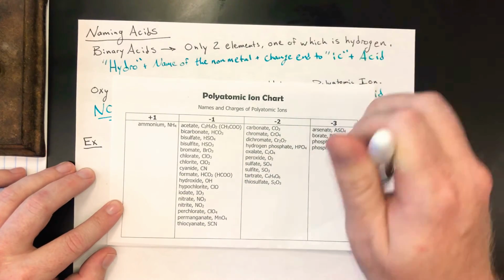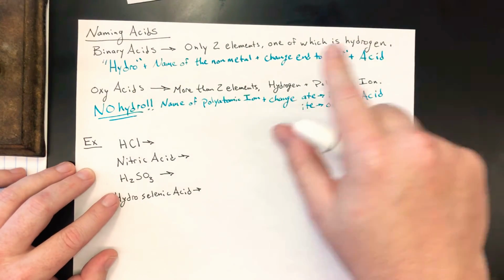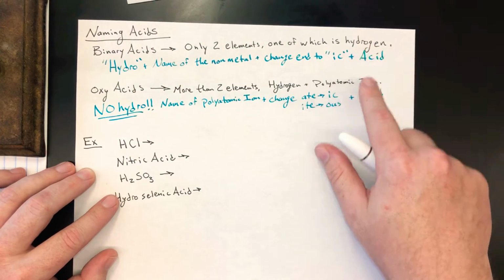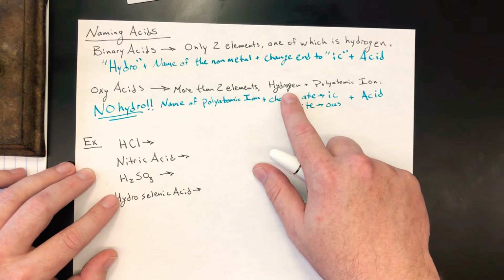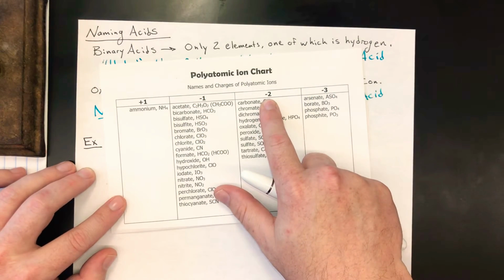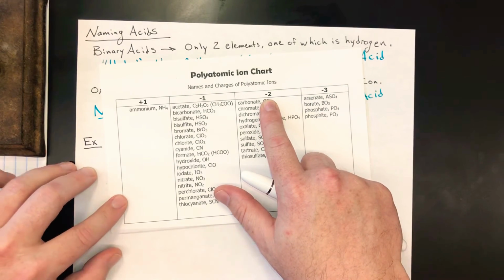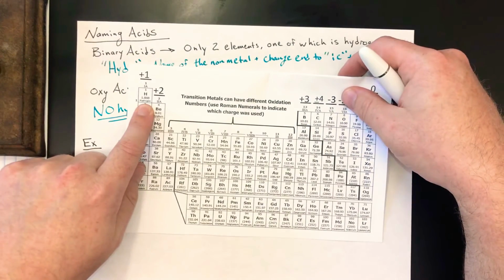With either of these types of acids, whether it's binary or oxy, the number of hydrogens that we have is going to be dictated by the charge of what it's bonded to. For example, if I had something like carbonate with a -2 charge, I would have to have two hydrogens to balance that out, because hydrogen is +1.